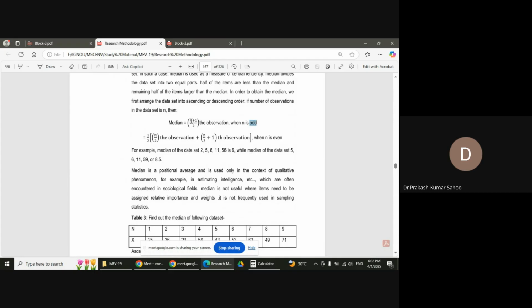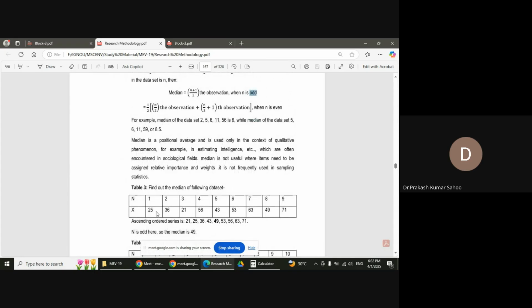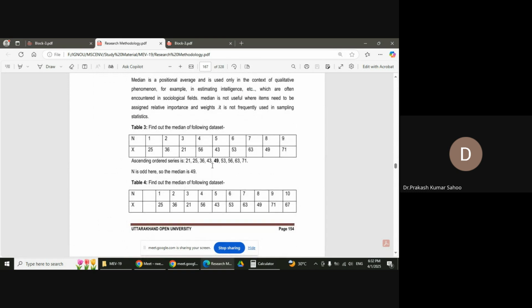That means if I have, just see here, 1 up to 9, that means 9 data are there. So 9 means it is odd. The formula will be n plus 1 by 2, that means 9 plus 1 by 2, that is 5. So if I arrange these in ascending order, the order will be like this: 21, 25, 36, 43, 49, 53, 56, 63, 71.